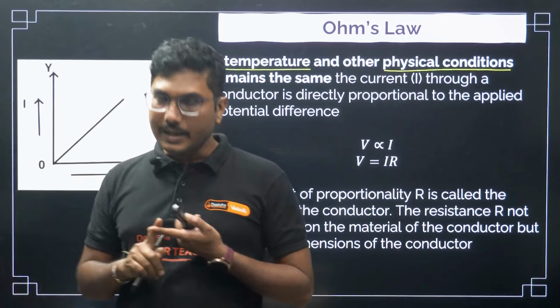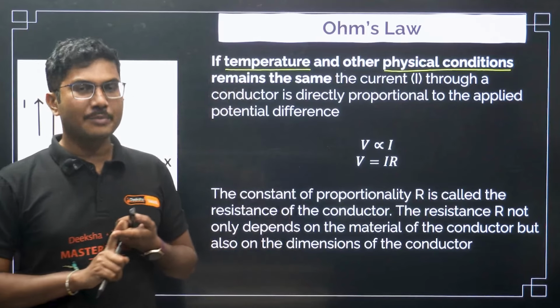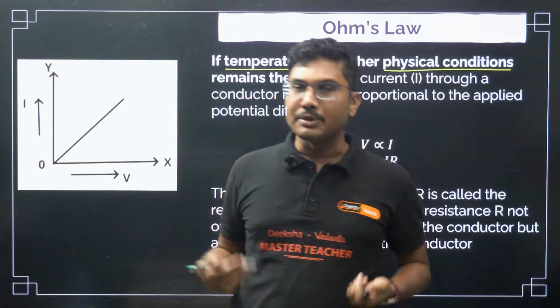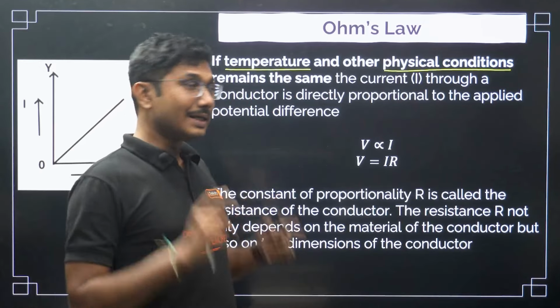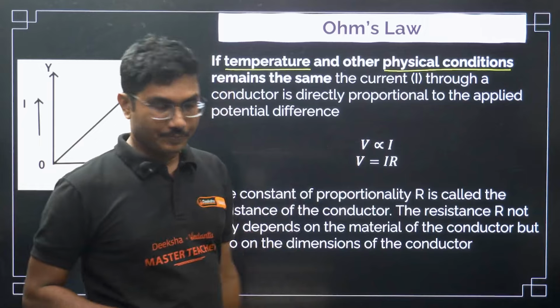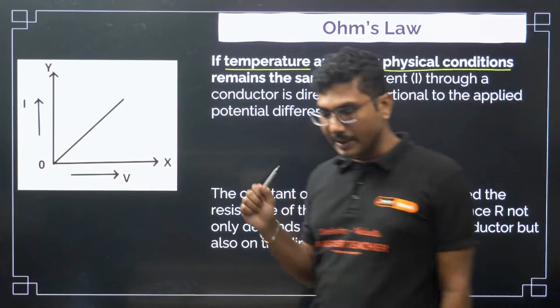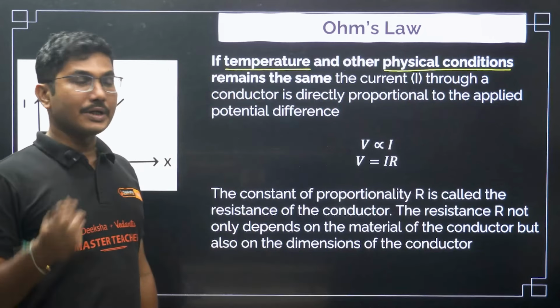Dimensions means length, height, width. So R is basically independent of voltage and current, but it is dependent on the dimensions and the material, right?